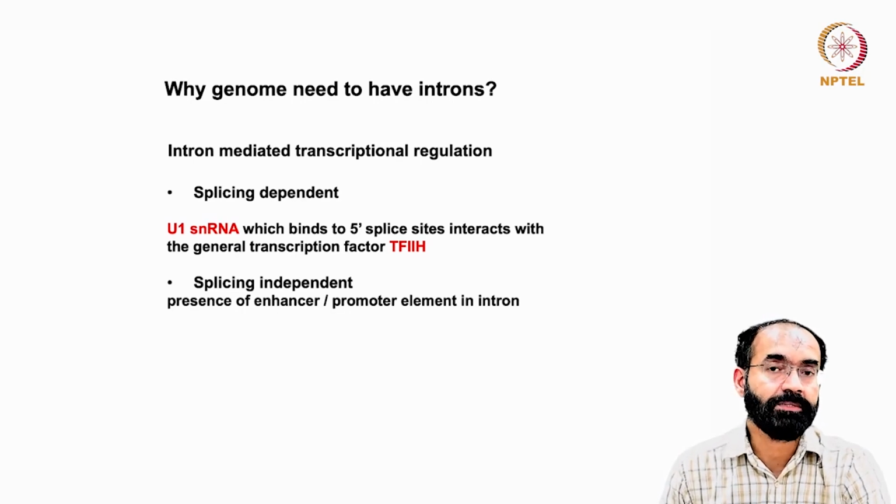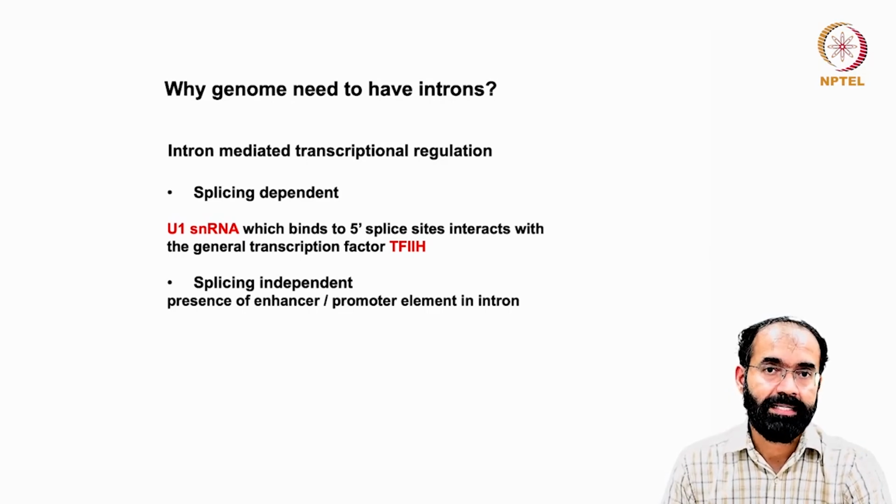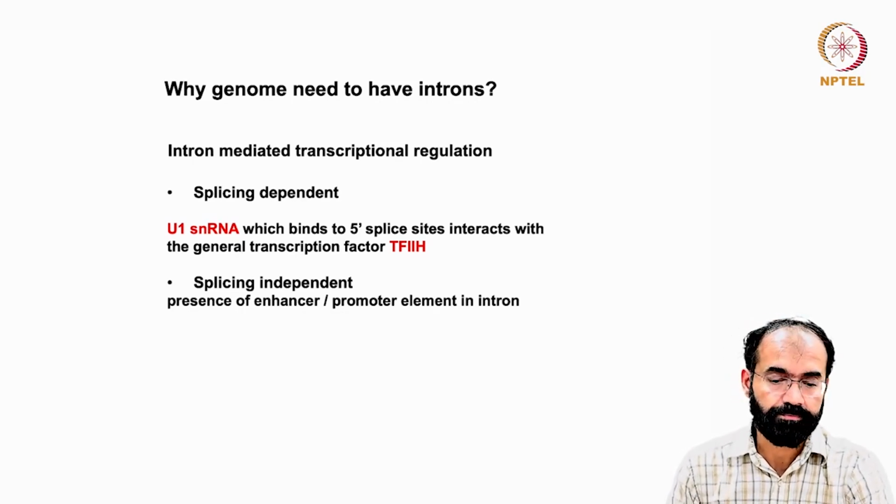Because RNA transcription is not completed. But if the first exon is small, then U1 snRNA binds, and then it can interact with TFIIH, because the newly formed RNA is still in the vicinity of the DNA itself. It hasn't come out very far.